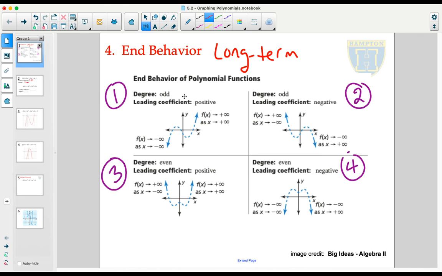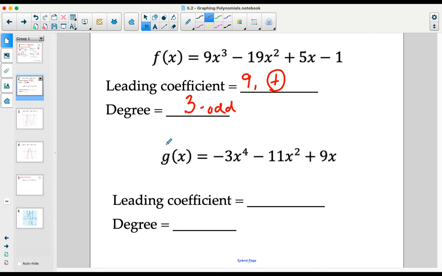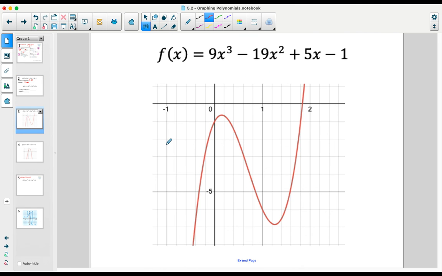And we should make note that we fall into category 1. So regardless of what the inside of the graph might look like, we should anticipate the right end pointing up and the left end pointing down.